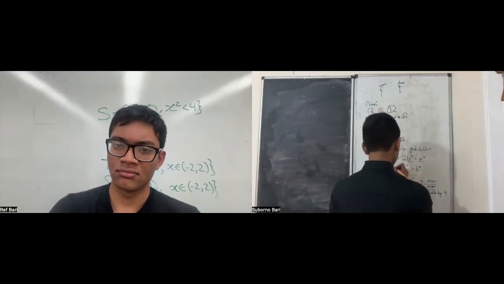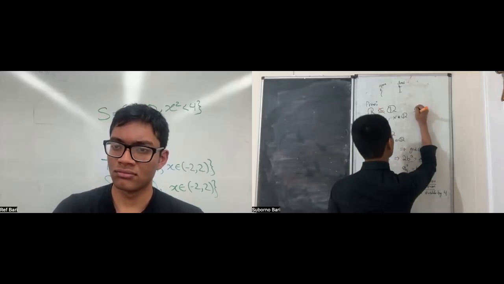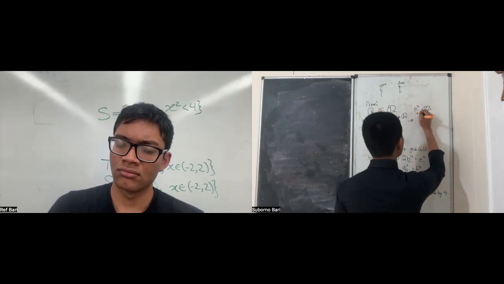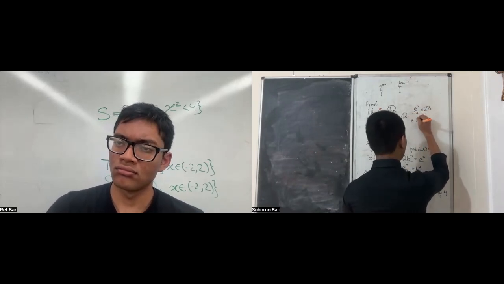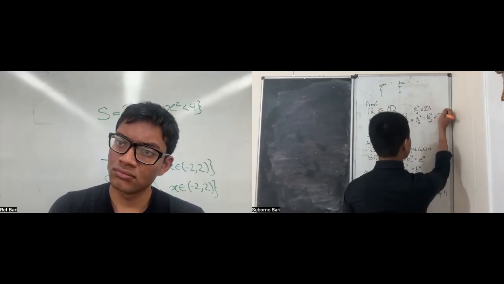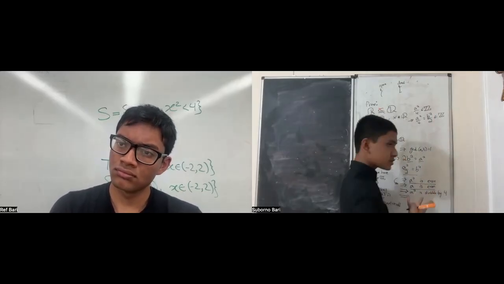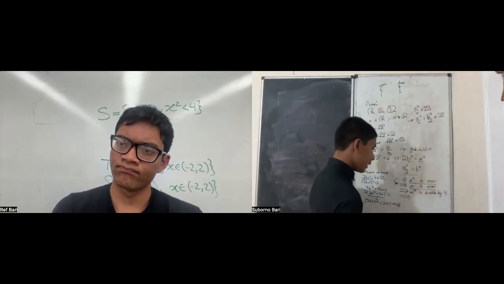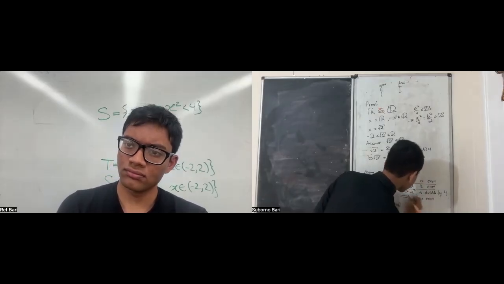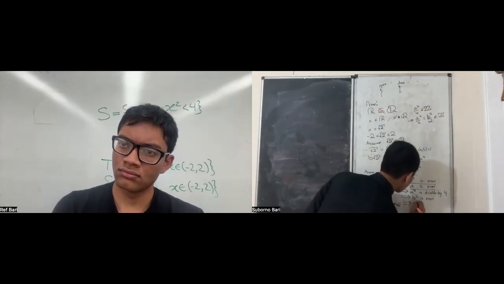Because if a squared over 4 is an integer, which we know it is, that implies that a squared over 4, which is equal to b squared over 2, is an integer. And of course, if b squared over 2 is an integer, b squared is even. But if b squared is even, that implies that b is even.